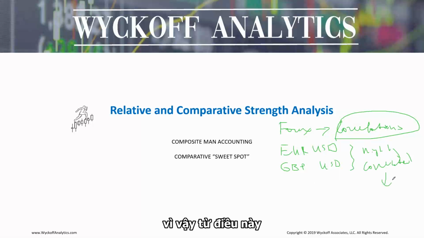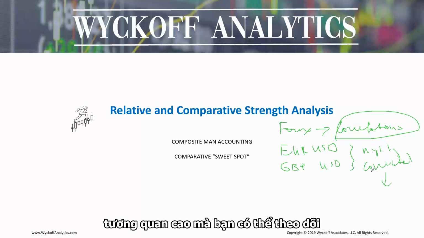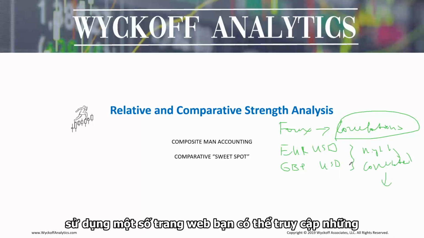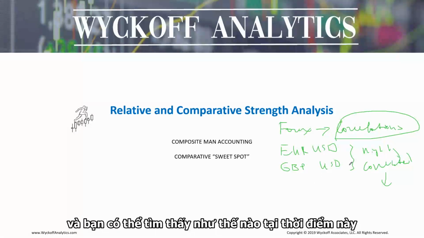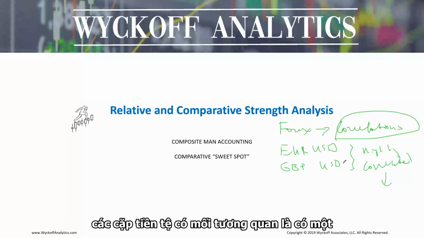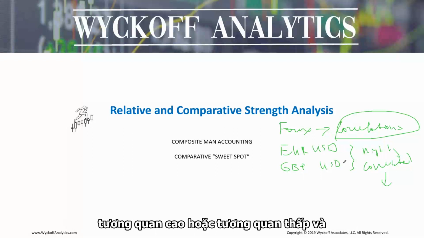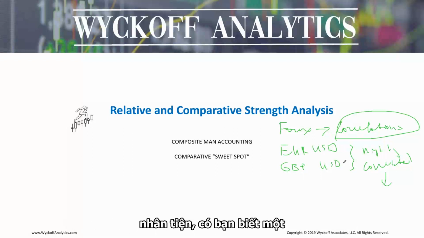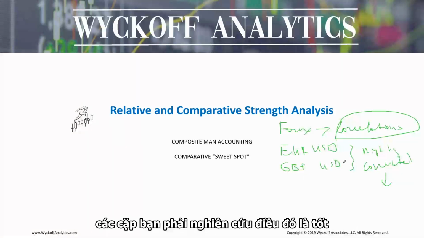So from this high correlation, which you could track using some websites, you can go to those and you can find at this point of time how the two currency pairs are correlated. Is there a high correlation or low correlation? And by the way, there is a cyclicality in the correlations between the pairs. You have to study that as well.